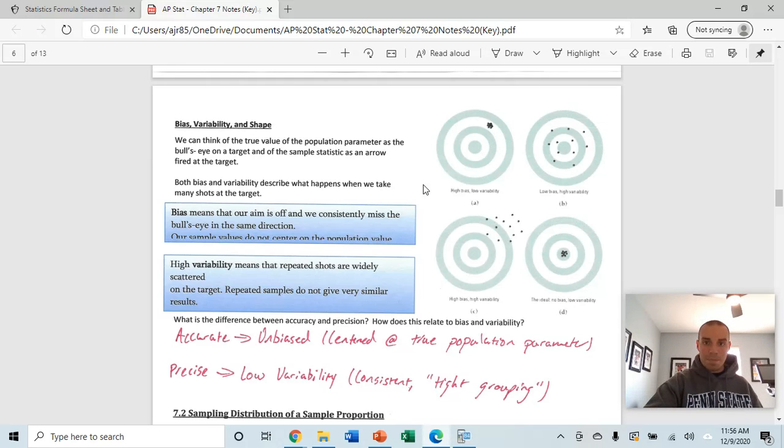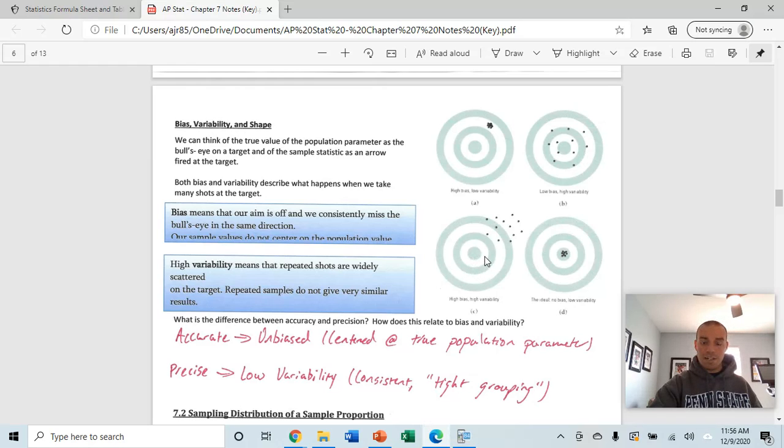Obviously in example A of our bullseye, it's clearly biased because we're not close to the center here and it's in the same systematic direction, but there's low variability. They're all tightly clustered together. So this is high bias, low variability. Here we're centered close to the mean, so there's low bias. We're right around the target, but there's high variability going in all of the different directions.